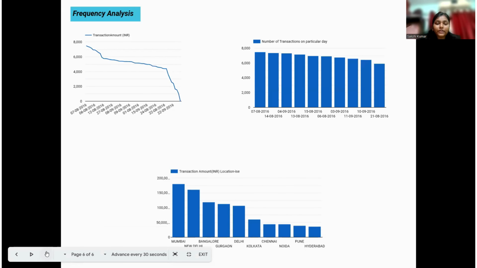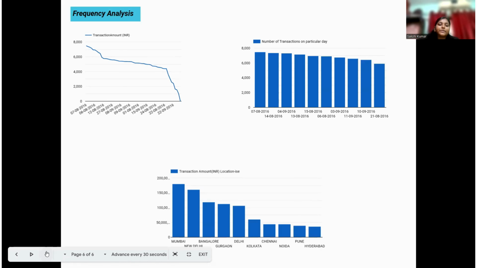frequency analysis. So here we are dealing with how frequently the customer transacts on a particular day, or the number of transactions for a particular city. The first two graphs tell us about the number of transactions on a particular day. The number of transactions on certain days is as high as 7,000, or more than 7,000, not exactly 7,000, and it is as low as 5,800 or 6,000.